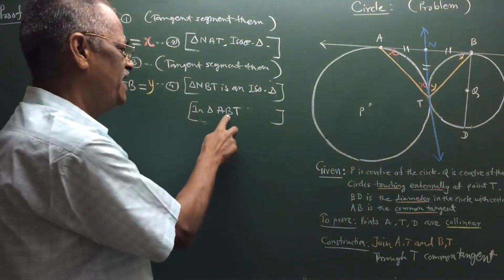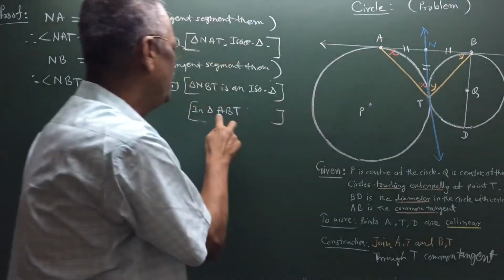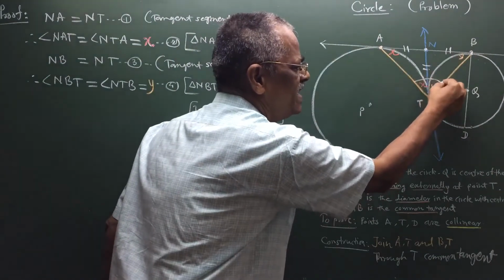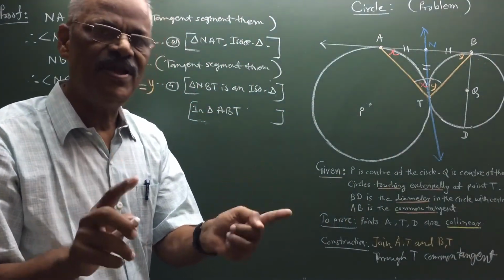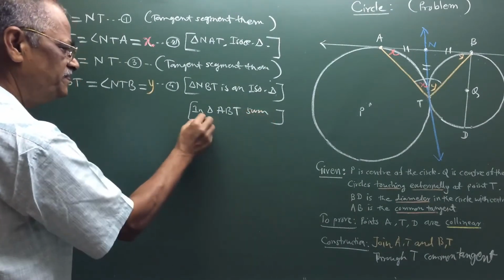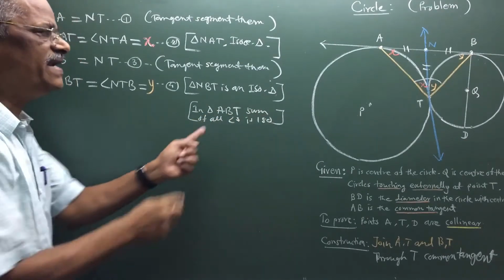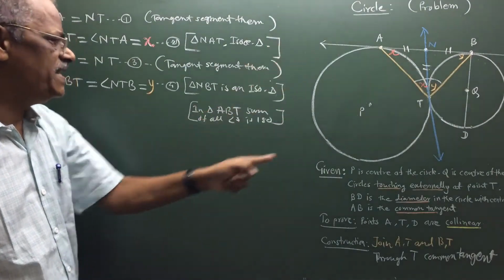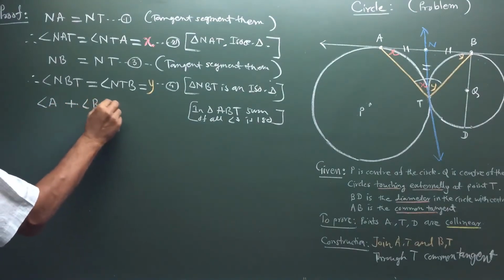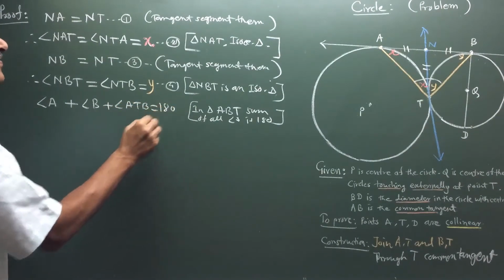It is X. Angle B, it is Y. And the remaining angle ATB is definitely X plus Y. So let us calculate the value of X plus Y. In triangle ABT, the sum of all angles is 180. Angle A plus angle B plus angle ATB is equal to 180.